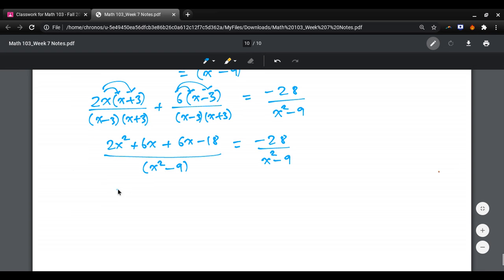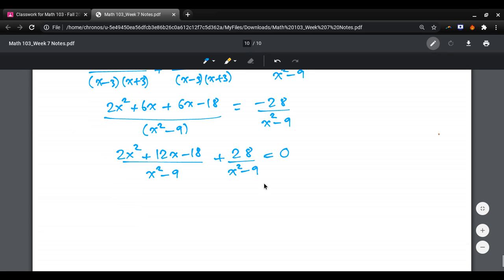Okay, so what we have here on the top is 2x squared plus 12x minus 18 over x squared minus 9 plus 28 over x squared minus 9 equals 0. What I did right here, going from here to here, is I added 28 over x squared minus 9 to both sides.